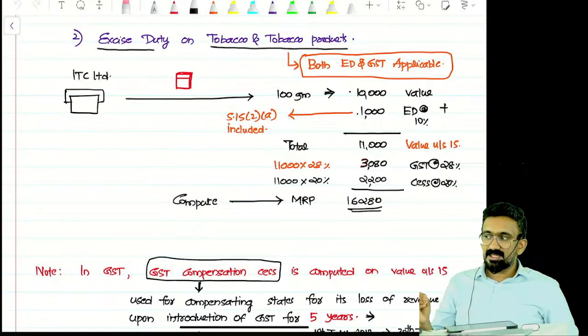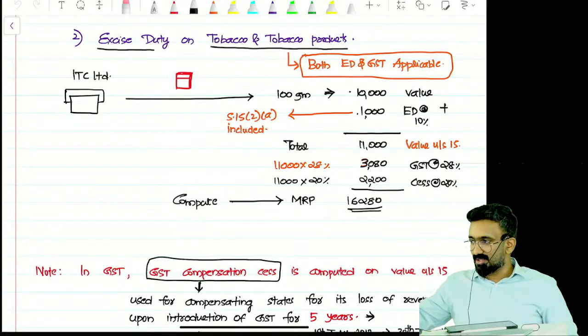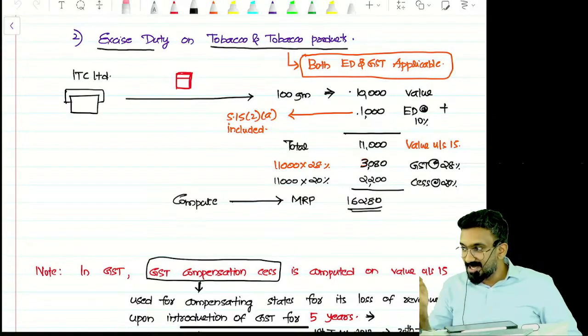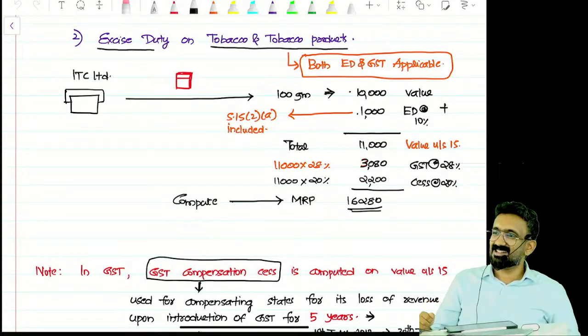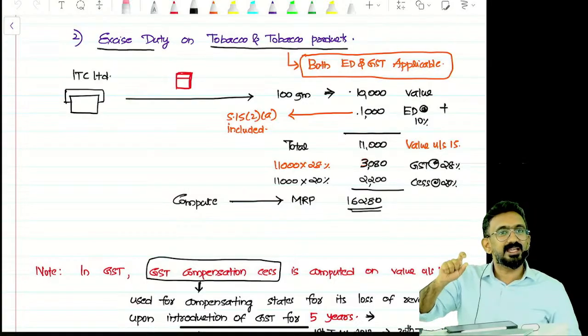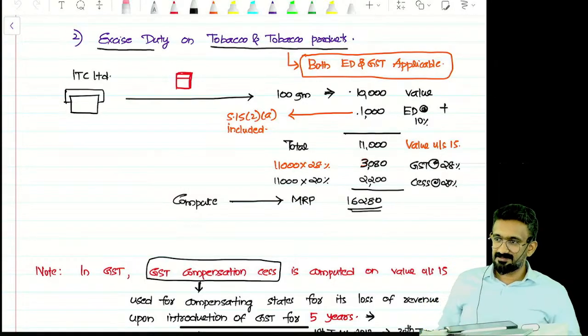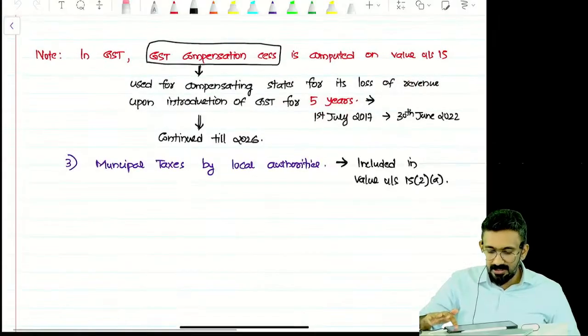This 28% GST is computed on 11,000, which is 3,080. This 20% cess is also computed on 11,000 only, which is 2,200. But this money can only be used for compensating state governments. That is the difference, so I have written it as a point for you to remember.